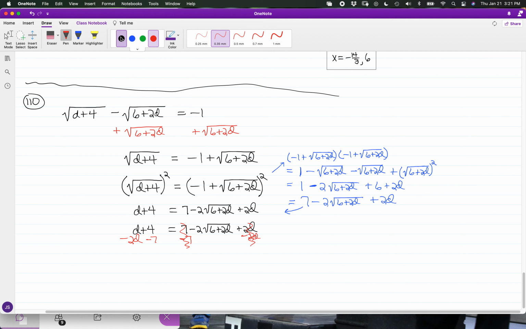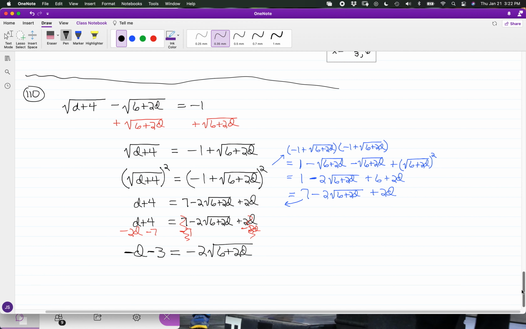Okay, so you have D minus 2D, so this is going to become negative D. 4 minus 7 is going to be negative 3. And we have negative 2 times the square root, okay, we have 6 plus 2D. And if you notice, all these terms are negatives.